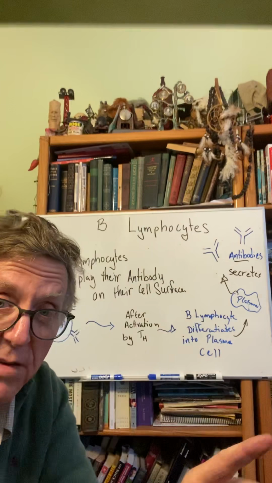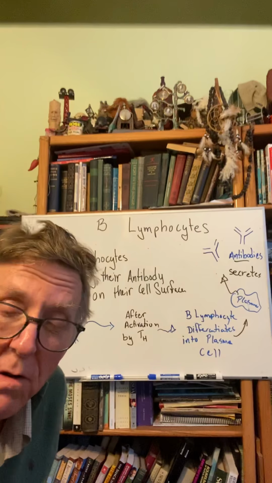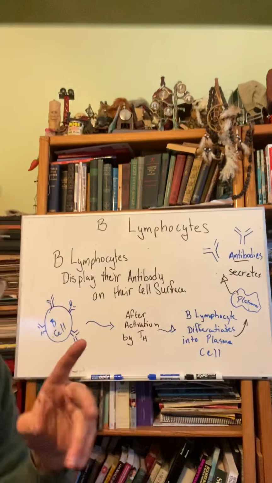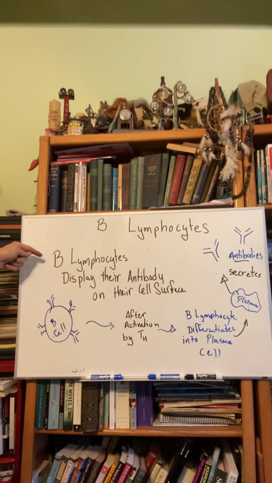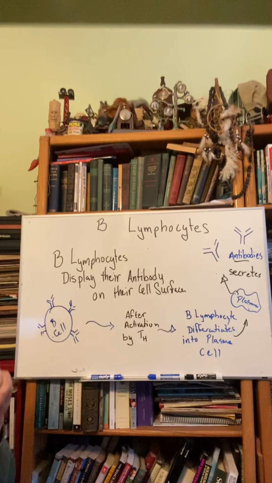The antigen-presenting cell and the helper T cell go and start looking at B lymphocytes also. Now, B lymphocytes are very unique in that they display their antibodies on their cell surface.